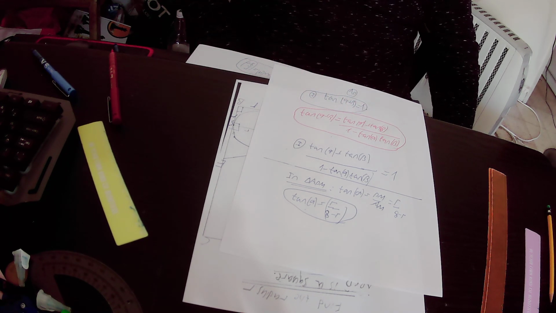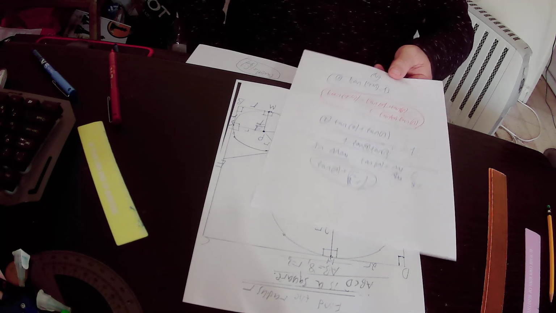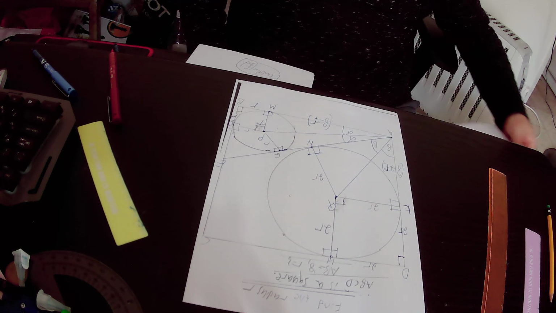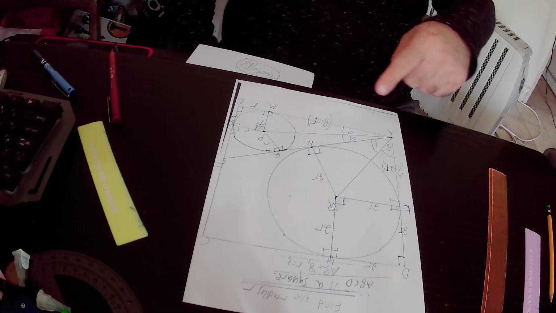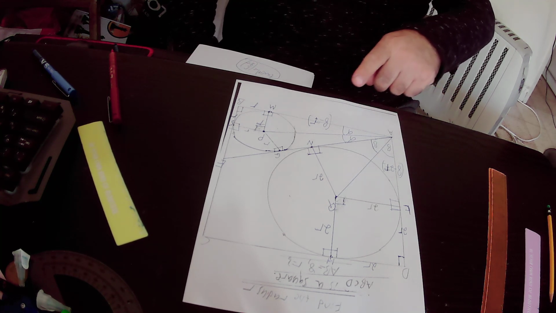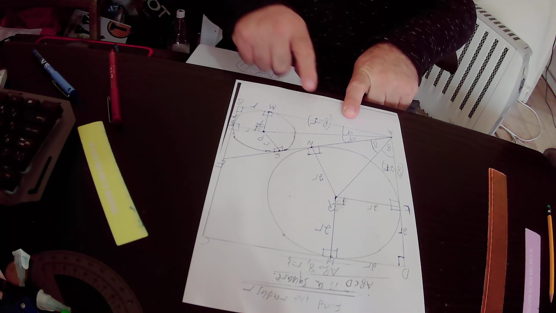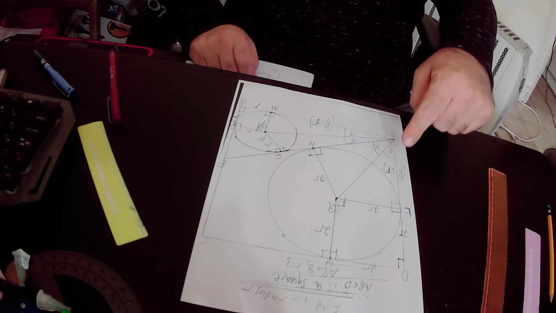And then we substituted tangens alpha and tangens beta by the values that we found from the drawing. According to the drawing, if we focus on the right triangle APM, tangens alpha equals r over 8 minus r, and tangens beta equals 2r over 8 minus 2r.